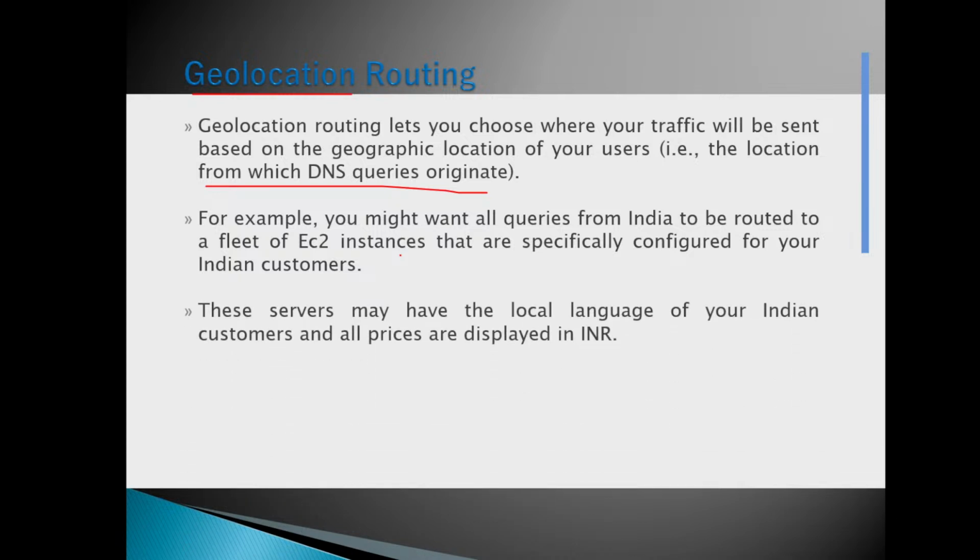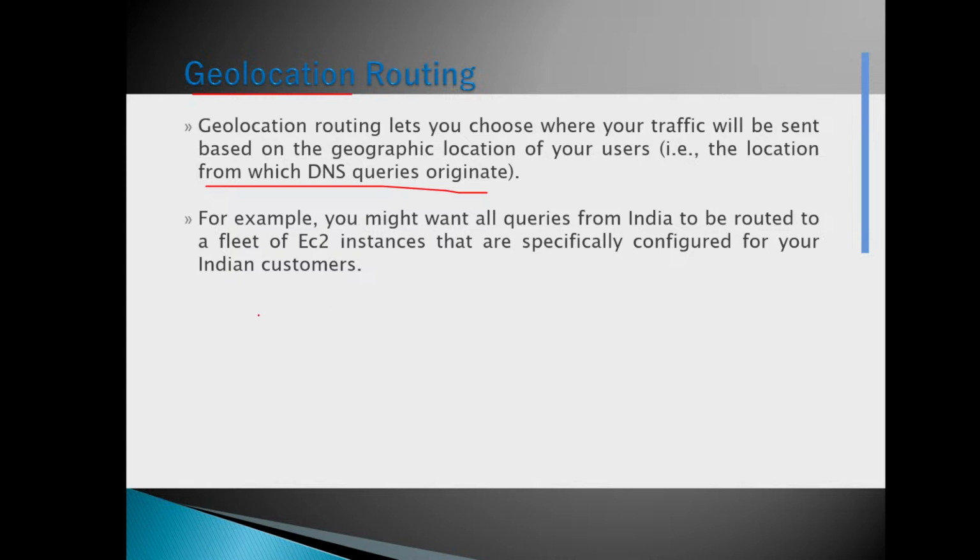Why is this important? Let's say you are visiting an e-commerce website. As you're in India, all the pricing will be in rupees, so the machines are configured for displaying the price in rupees. If you go to America, the price will display in dollars. If you go to the European region, the machines should display the price in euro.